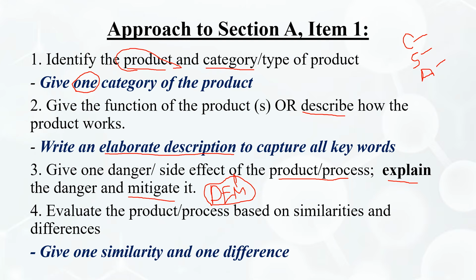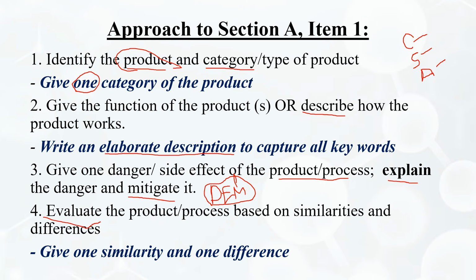But danger of what? Of the product that we identified right away in number 1. Then finally, we evaluate. Now, don't forget we have advice. When you're advising, after looking at the side effects, then you come to evaluation.